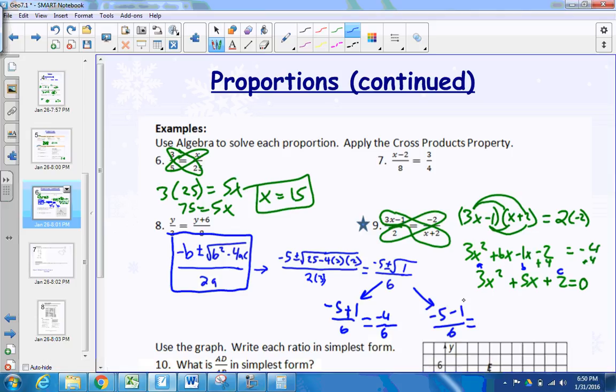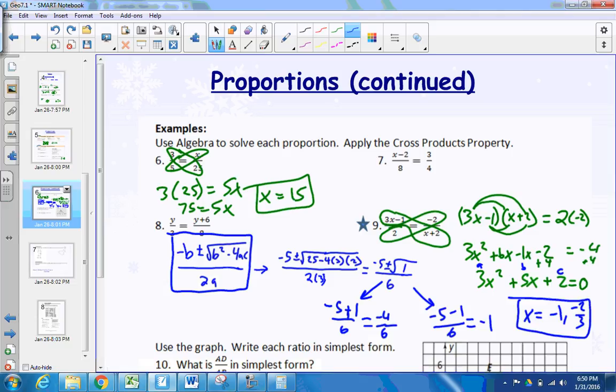And this one would be negative 5 minus 1, which would be negative 6, all over 6 would be negative 1. So we have two answers for x. X equals negative 1, or it equals negative 2/3. So there are two x values there.